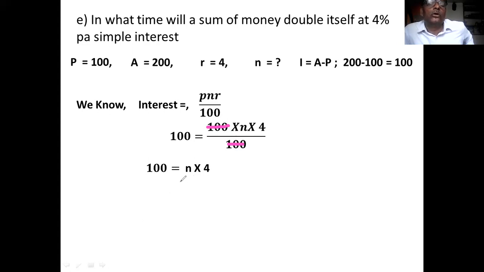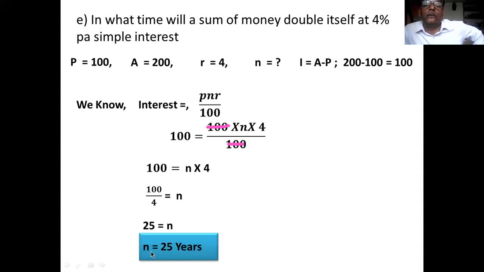Then next, 100 divided by 4 is equal to N. So N is equal to 25. What is this 25? N is period. Period means 25 years. So if you deposit any sum, that will double in 25 years at the rate of 4%. Remember this. This is the answer.